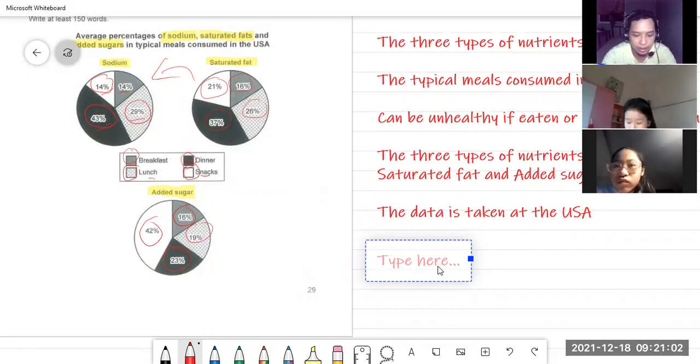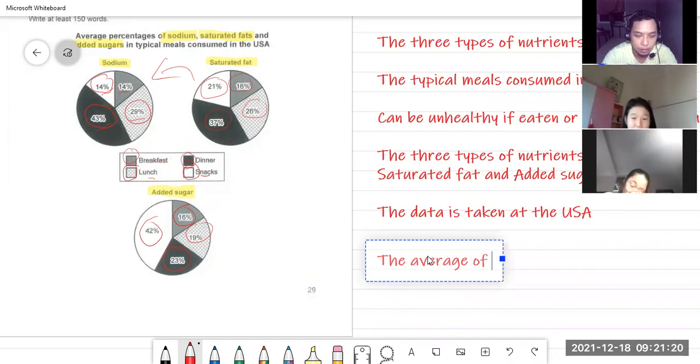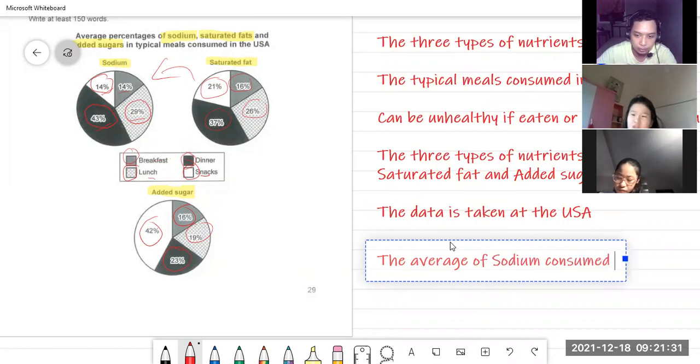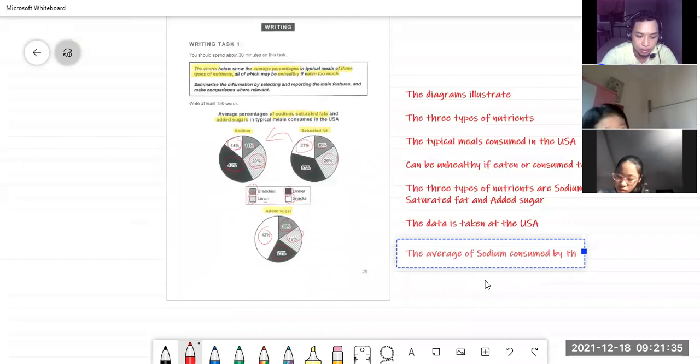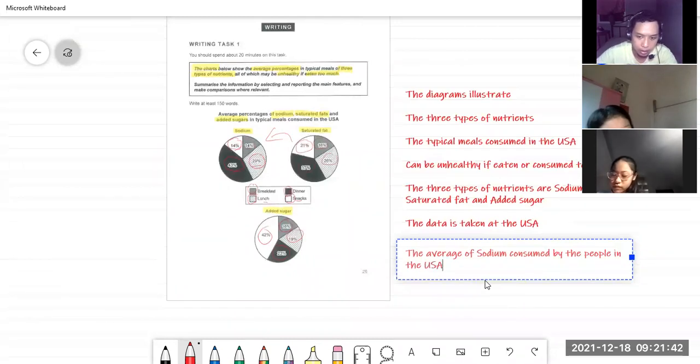Okay, because this is the first chart, or the first diagram, we can say the average of sodium consumed by the people in the USA for breakfast.